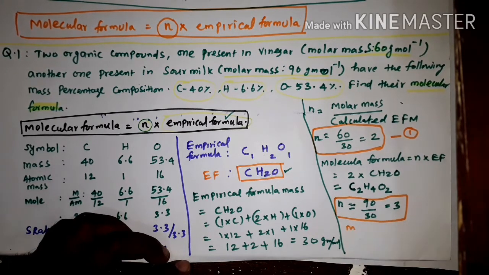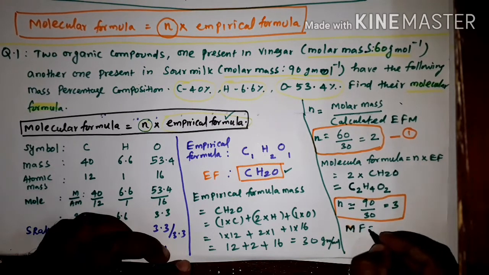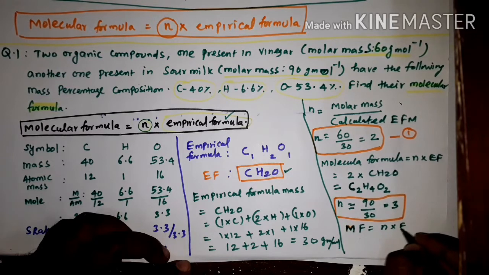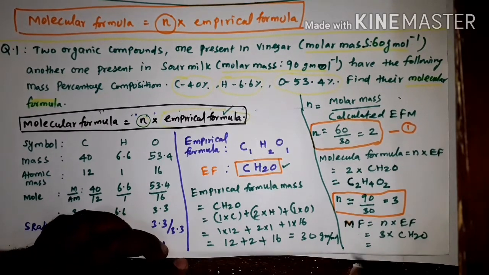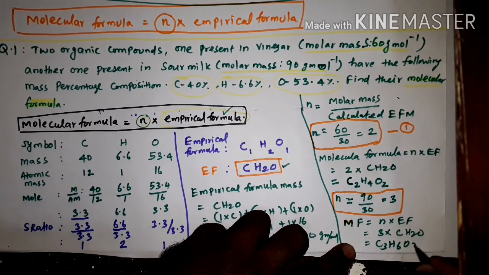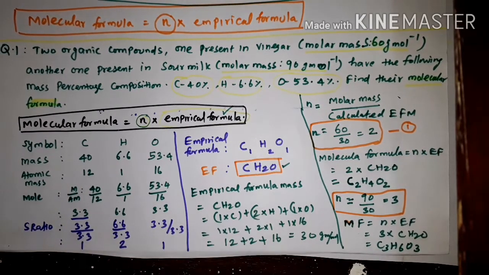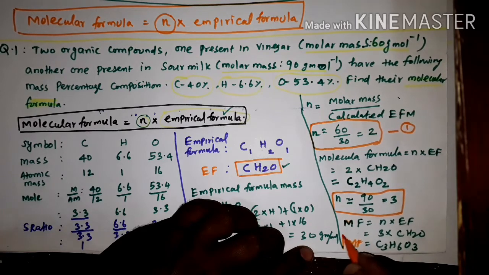Molecular formula equals n into empirical formula. So 3 into CH2O. What will be the answer? C3H6O3. This is the final molecular formula of the given compound.